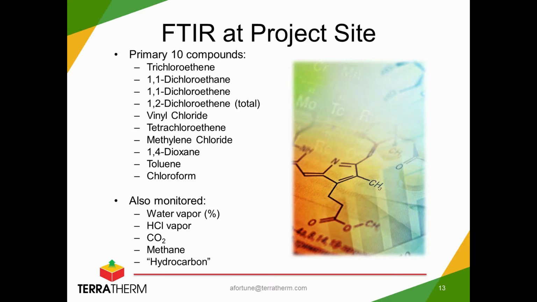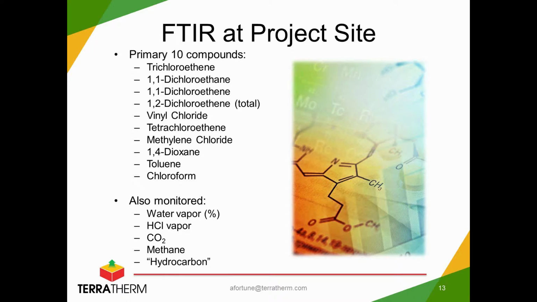And then, like I said, we also were able to monitor these other inorganic and light hydrocarbons. So water vapor, we did measure HCl, carbon dioxide, methane. Then we did set up one parameter which we called hydrocarbon, and that was supposed to be analogous to a total VOC number that we would get from a PID.